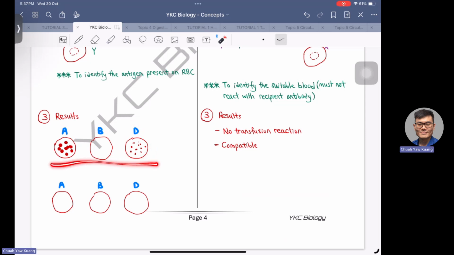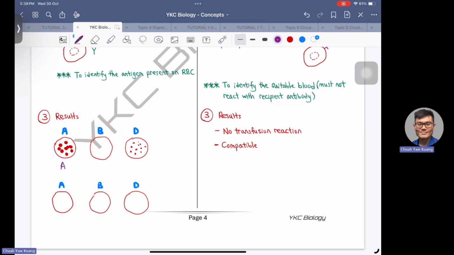So for the first result, if the first one clots, so there is agglutination, it means this blood cell contains the A antigen. And the second group shows no agglutination, which is a negative result.